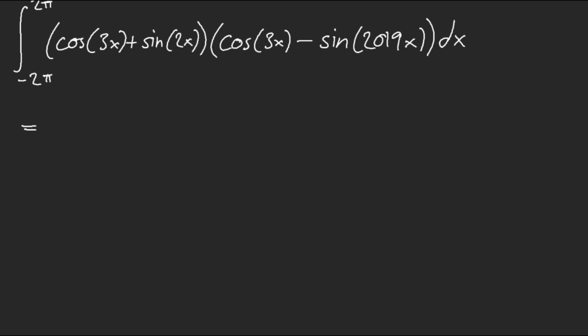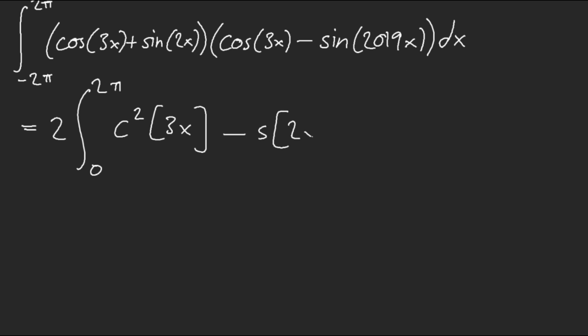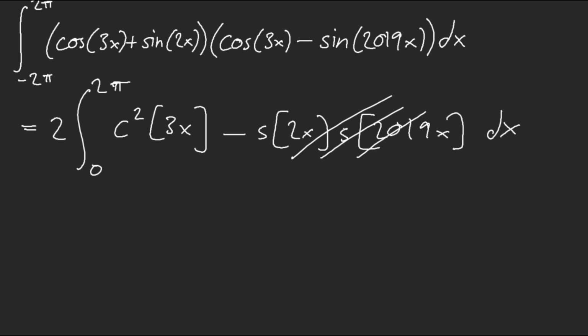So because we're going to have some even functions, what's left is cosine square of 3x, then minus sine 2x times 2019x. Okay. Now from here we know this is 0. We know this is 0, so this whole term is going to cancel out.